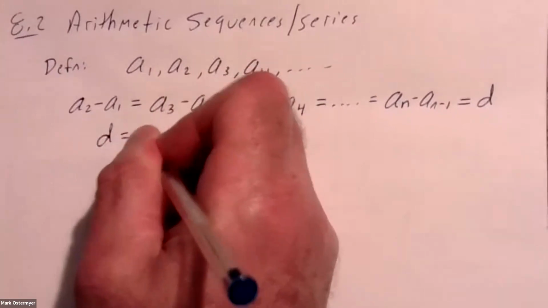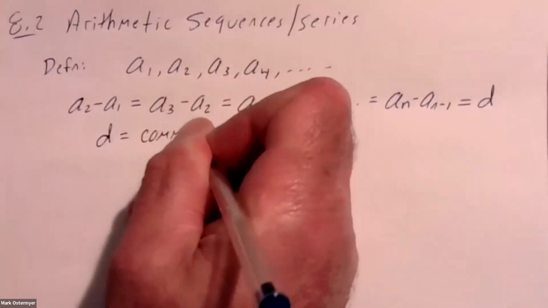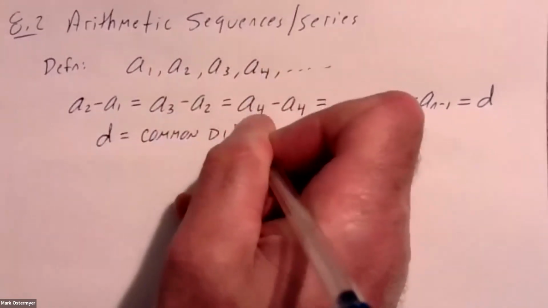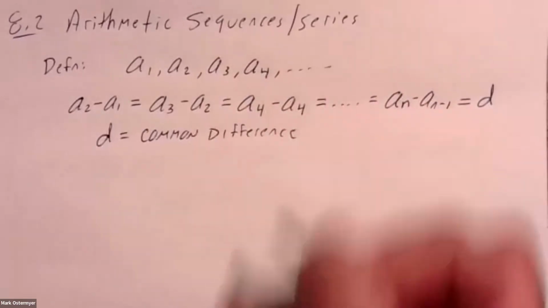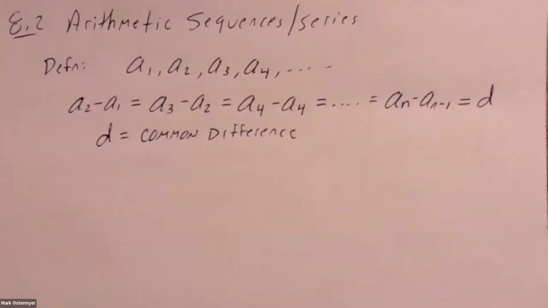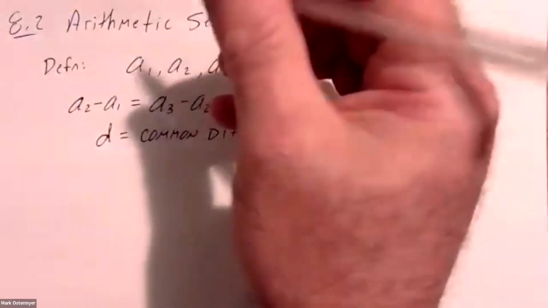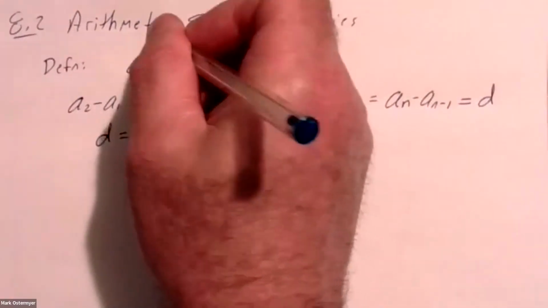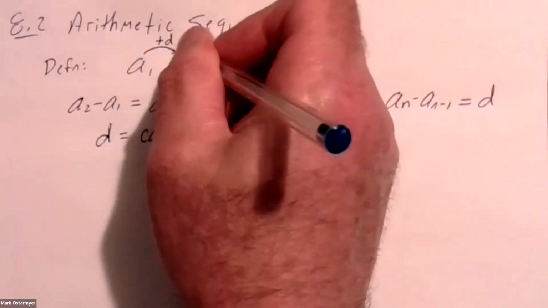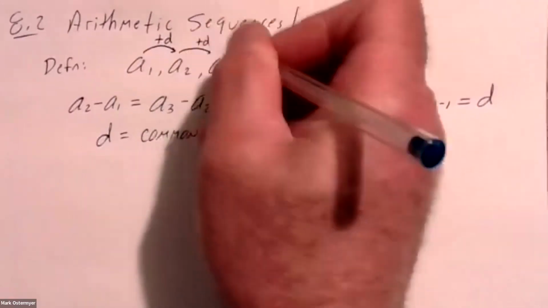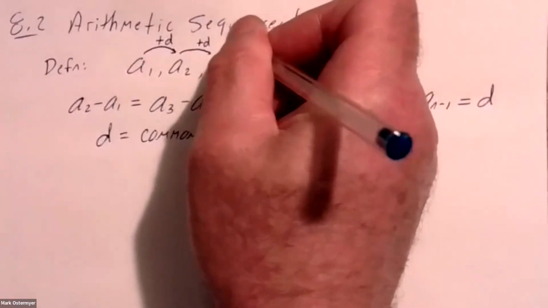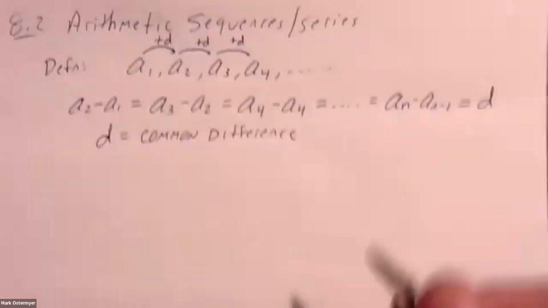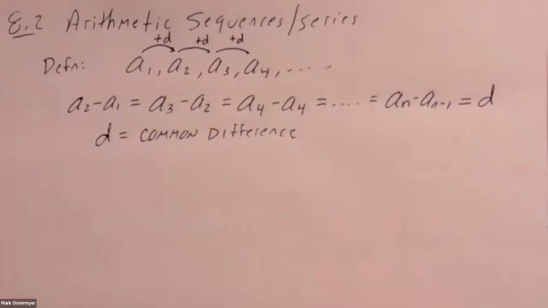So D is called a common difference, and all arithmetic sequences possess a common difference. So in order to go from any term in this arithmetic sequence to the next term, we would add the common difference. That's what characterizes an arithmetic sequence from other sequences, right? If you have a common difference.